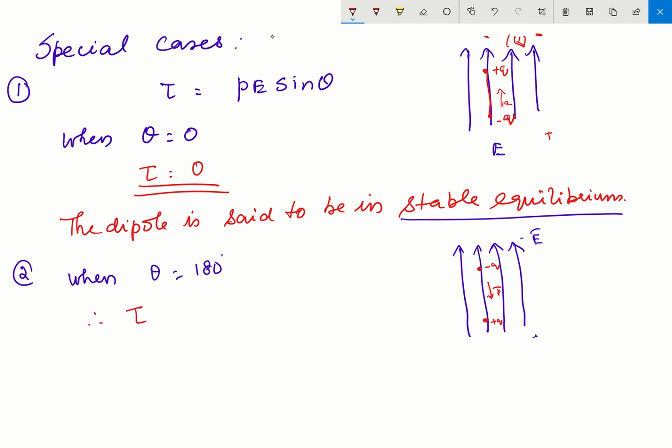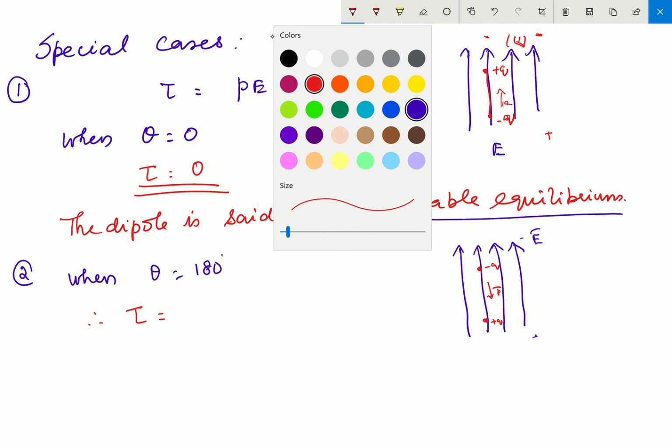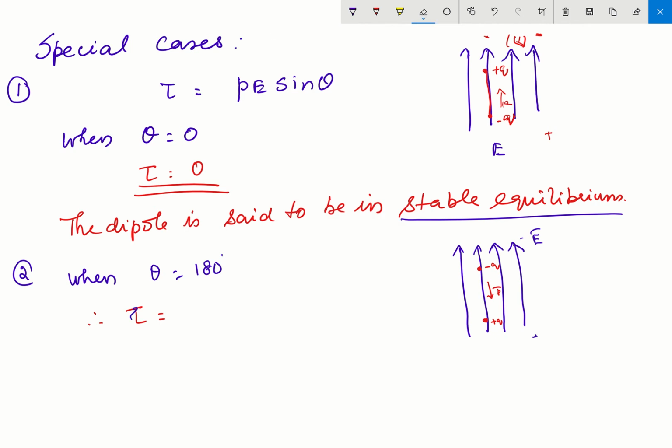Therefore, what is tau? Tau is PE sine 180, that is equal to 0. Therefore, tau here also will be equal to 0. There is no torque acting here, but the dipole is not stable. Why?